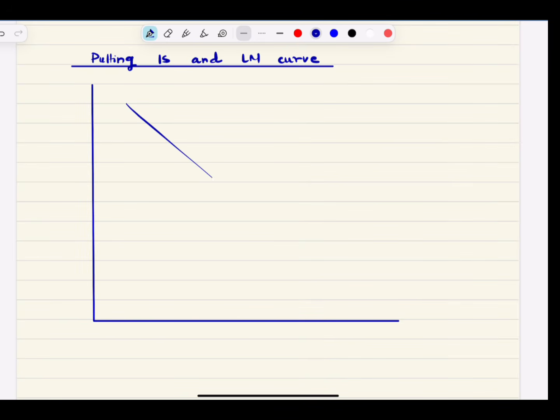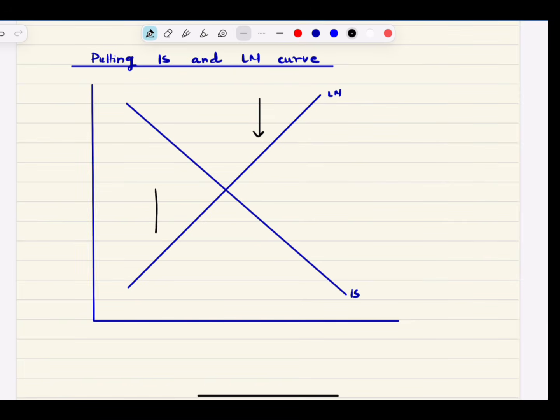So, IS-LM combined: this is the IS curve and this is the LM curve. We said all points above the LM curve will have an arrow which points south, and all points on the downside are going to have a north.